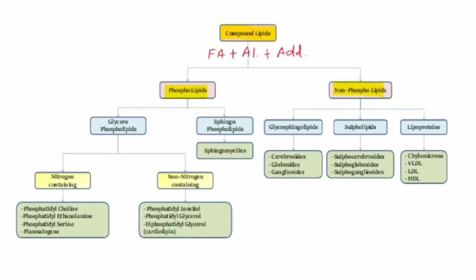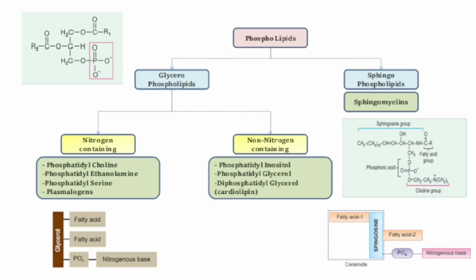First we will discuss all phospholipids. They are classified based on the alcohol compound. If the alcohol is glycerol, it is called glycerophospholipids. And if the alcohol is sphingosine, it is called sphingophospholipids.